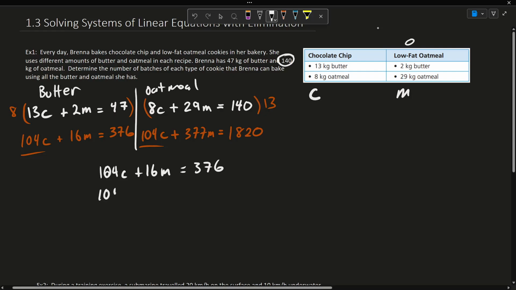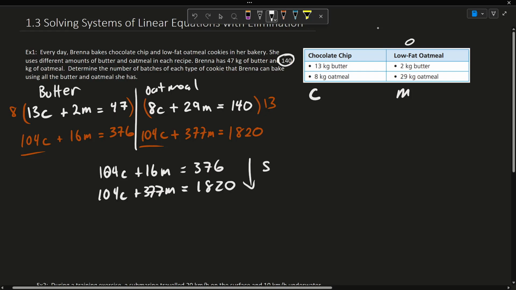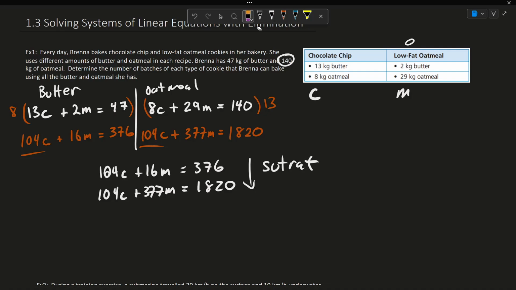And this is 104C plus 377M equals 1,820. And now what I'm going to do is subtract. I should probably spell that word correctly. Subtract.